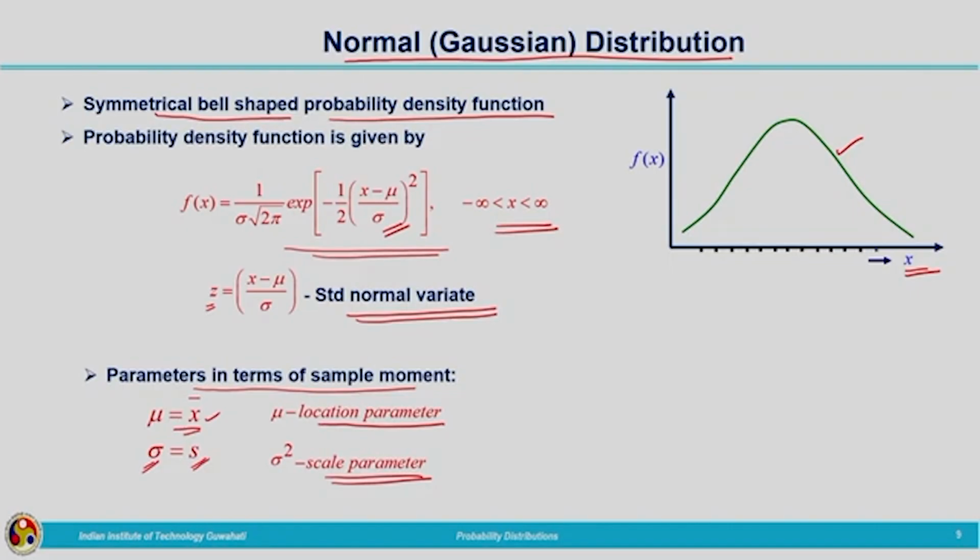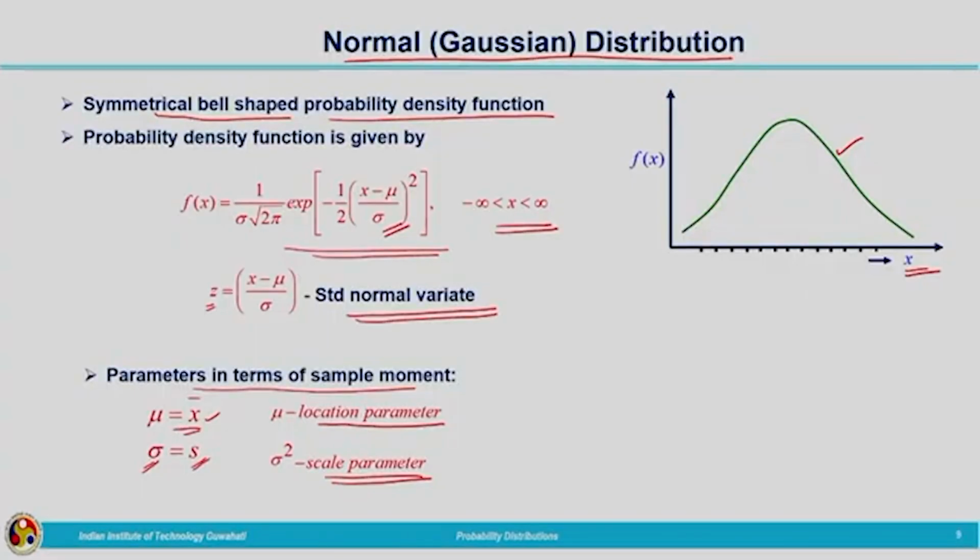So, based on this mean value and the dispersion value, we can understand how the data is spread. The details related to data can be understood by going through the shape parameter and the location parameter. So, that much about normal distribution. Very minimal description I am giving over here.